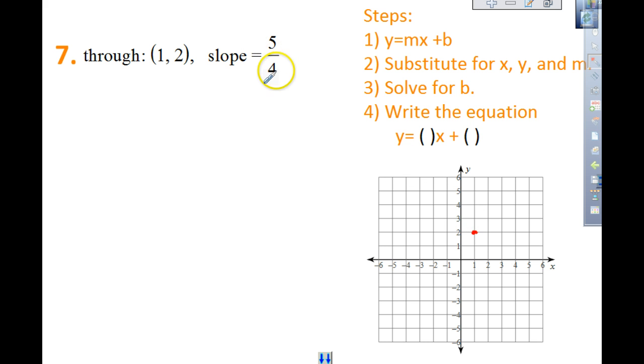A good example would be here, if I'm starting at 1 comma 2, and I have a slope of 5 over 4, I can't go up 5, I can go down 5, I can go left 4, but if I try to graph this, you can see, well, you really can't see.